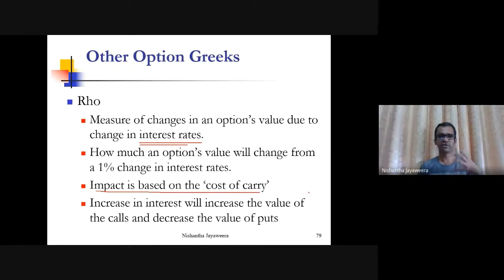To buy the asset, you have to invest the full amount. If the interest rate is high, funding cost is high. So you will tend to buy the call option instead of buying the underlying. So the premium of the call option will go high, but how sensitive? Depending on the product, that means the underlying asset, the sensitivity may vary.